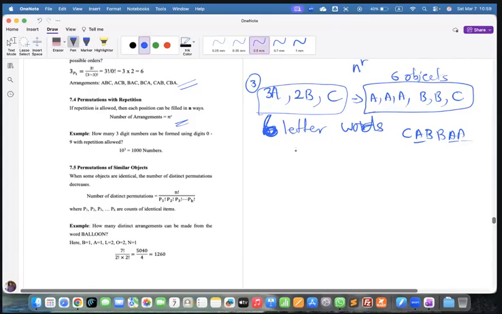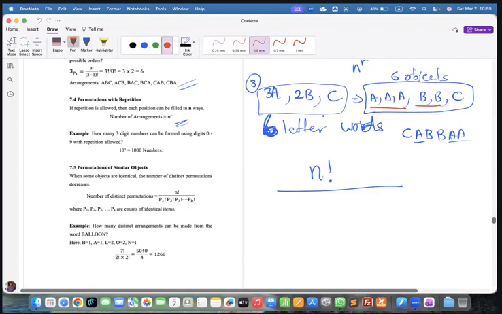The equation says if you have n number of objects, n factorial divided by, now we need to find out what are the letters that occurred more than one time. So the letter A occurred 3 times, the letter B occurred 2 times, right?